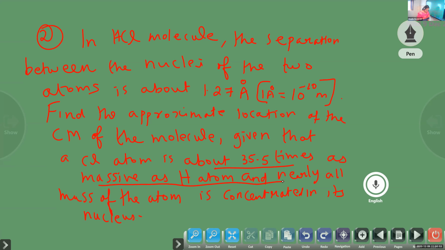So shall we go to the problem? Since it's a single bond, we consider the hydrogen and chlorine both lying on the same line. So we don't have to look for one dimensional or two dimensional in this case. We consider they are only lying in a straight line because it's HCl, no? Not like a covalent bond or something like that.